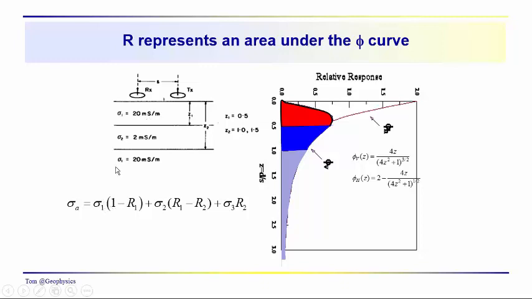The first layer, with a conductivity of 20 millisiemens per meter in this case, contributes in proportion to this area, which is 1 minus R1. The second layer contributes in proportion to R1 minus R2, which gives us this area. We'll talk a little bit more about that later. And the third layer contributes in proportion to the remaining area out to infinity. So that's your 1 minus R1, this is your R1 minus R2, and this is your R2, this area under the curve.